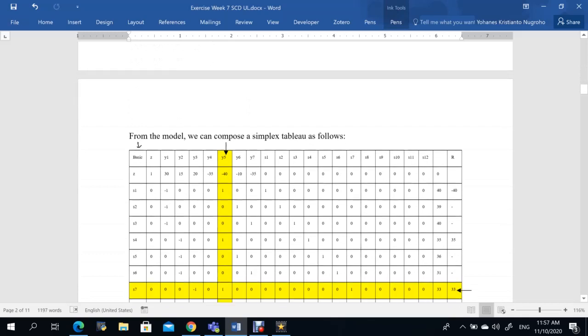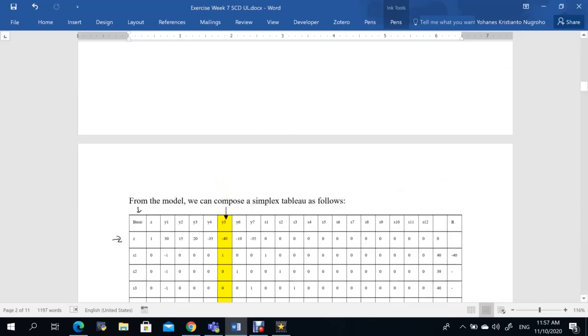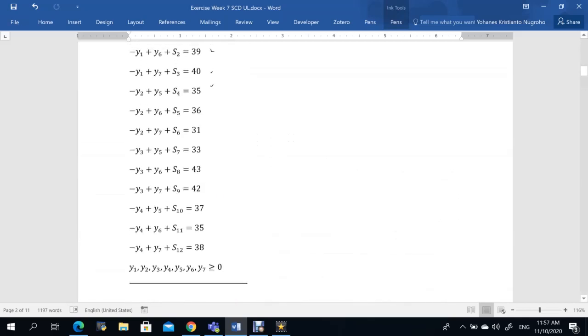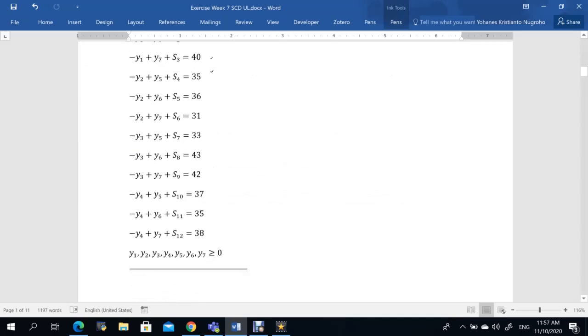And the second row contains information about the coefficients of the variables in the objective function. For instance, here in the primal problem, we have minus 30, minus 15, minus 20, and so on.